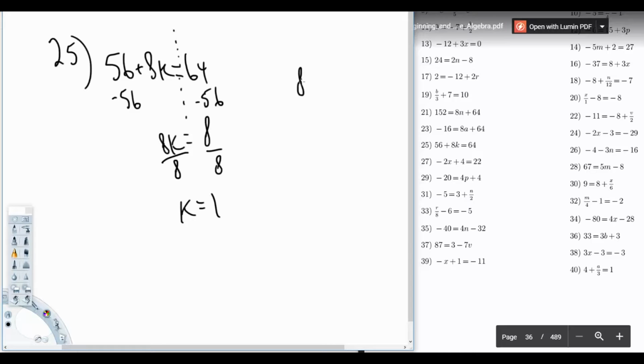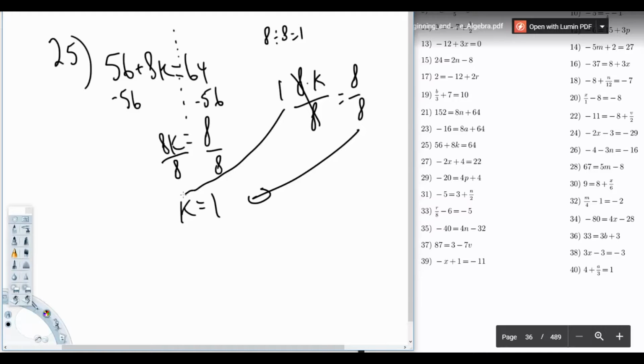Because 8 times k, to get rid of the 8, you have to divide by 8. Anything divided by the same number equals 1. 8k divided by 8, we remove the 8s because there's one on the bottom, one on the top. If you divide 8 by 8, that equals 1. But we don't say 1k, we just say k. So that goes here.